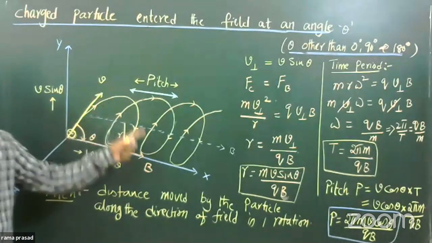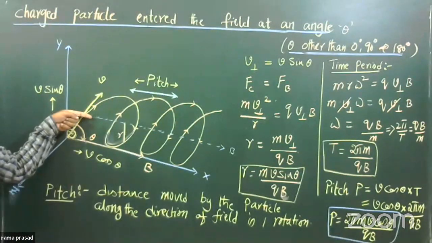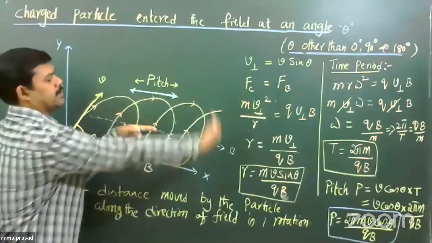The trajectory of the path is helical, taking B as an axis. Around this B, it rotates like this.